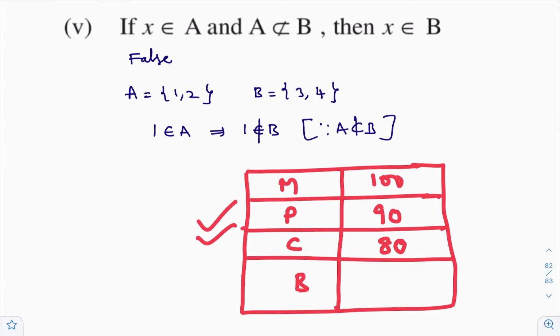I hope you are understanding. He may be absent for the biology exam even though he scored well. Maybe he may get 10 marks here. What I am trying to say is, when it is true, without checking all the subjects, you cannot decide whether the statement is true or not.